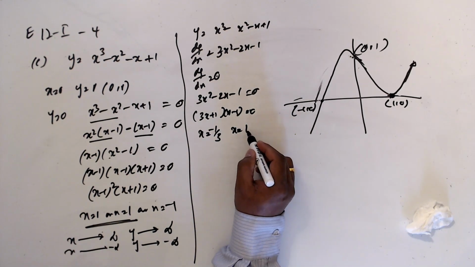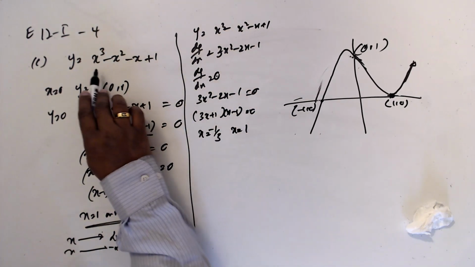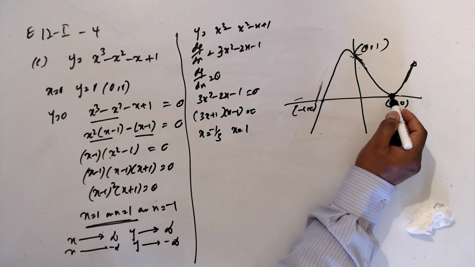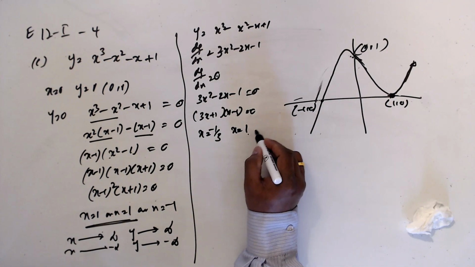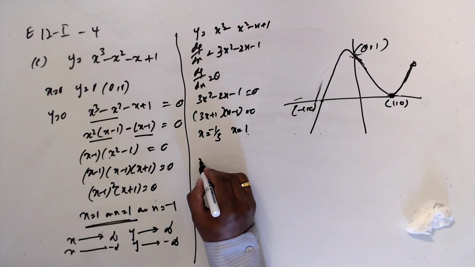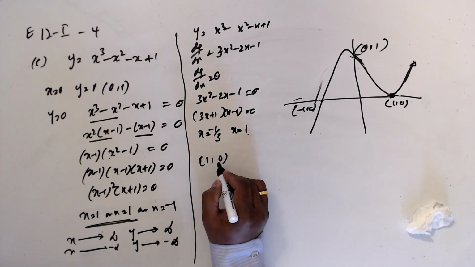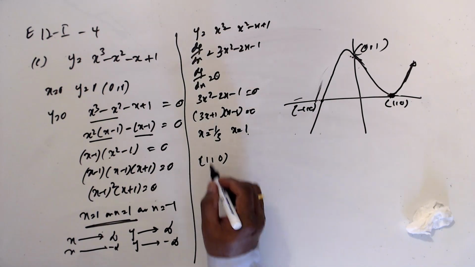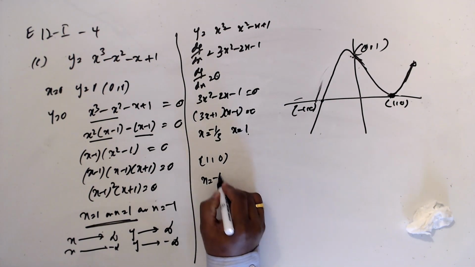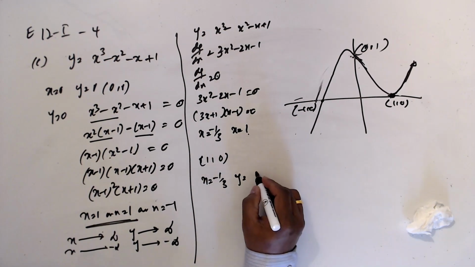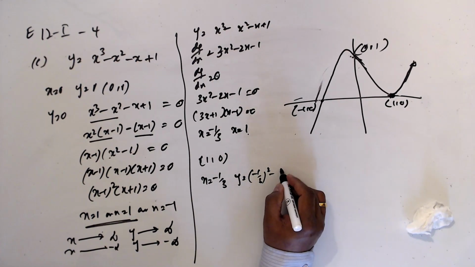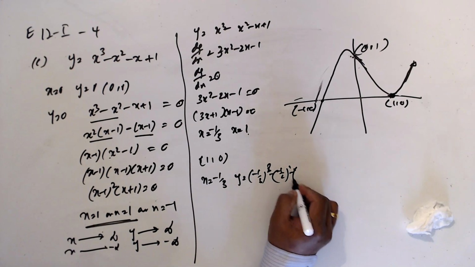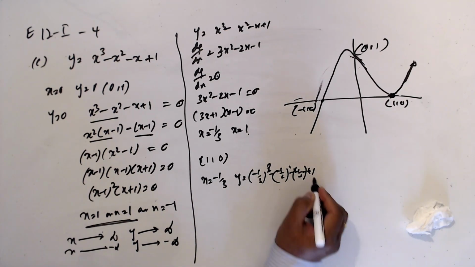Already, when x equals 1, we know this one is the minimum. So we got already this one. So this point is (1, 0). Now, when x equals minus 1 over 3, y equals (minus 1/3) cubed minus (minus 1/3) squared minus (minus 1/3) plus 1.